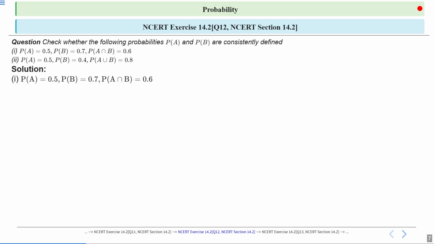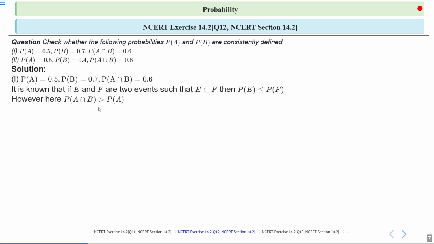And it is known that if E and F are two events such that E subset F, then probability of E is less than or equal to probability of F. And this is how we can check whether the following probabilities are consistently defined.